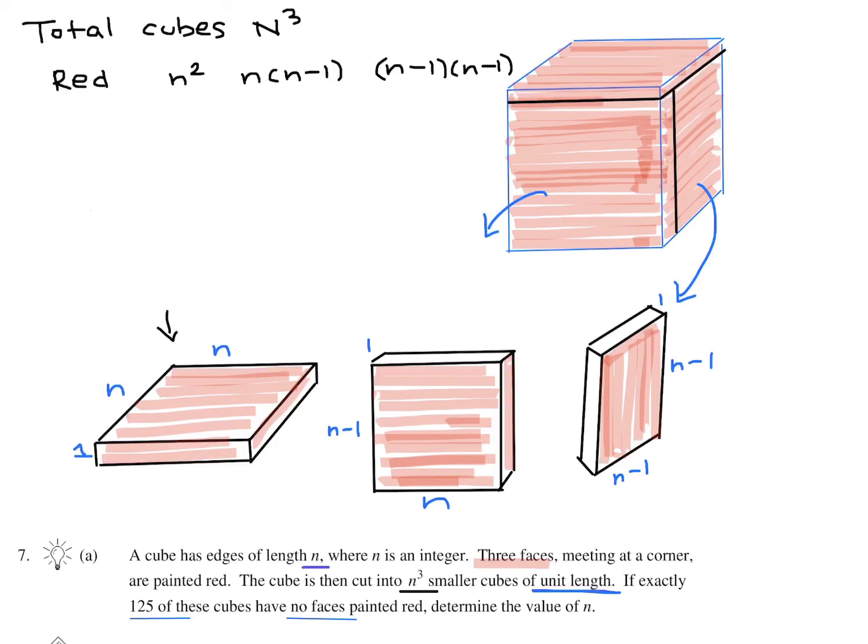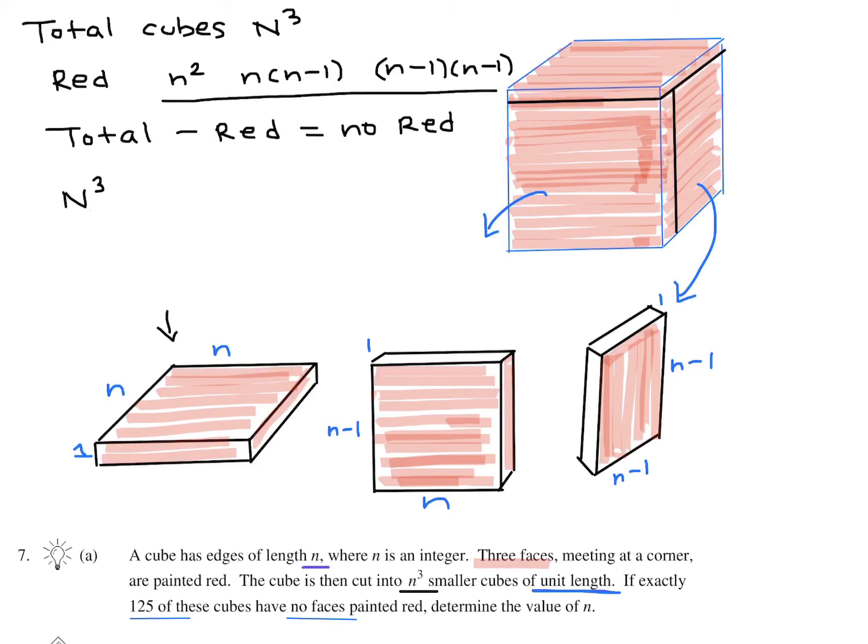as the number of red cubes. So the number that have no red is the total minus the red. So the total is n cubed, and our red is the sum of these.